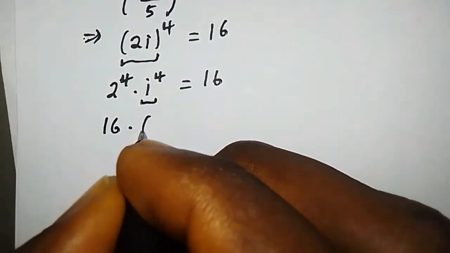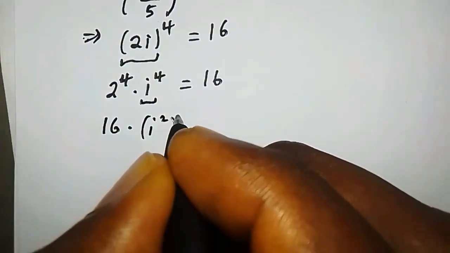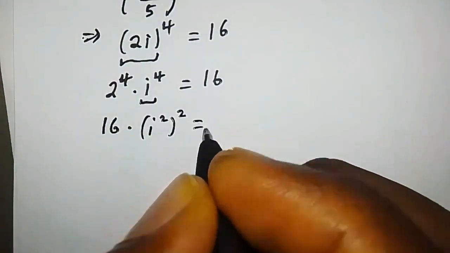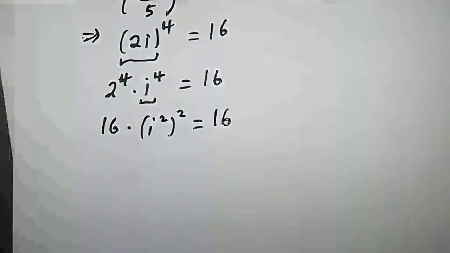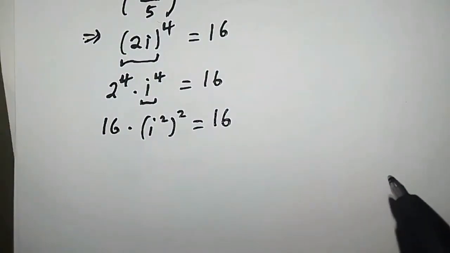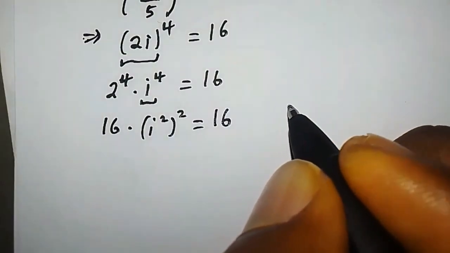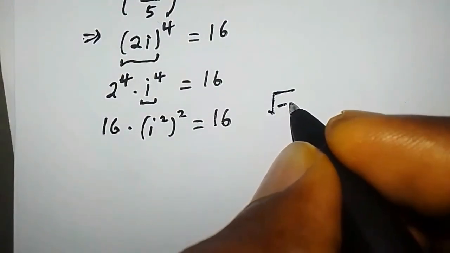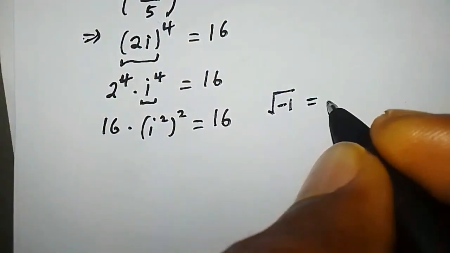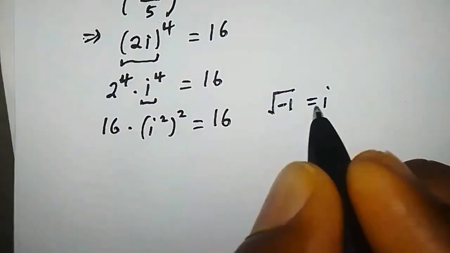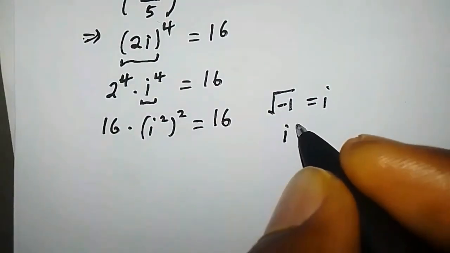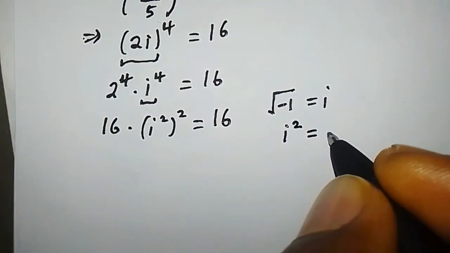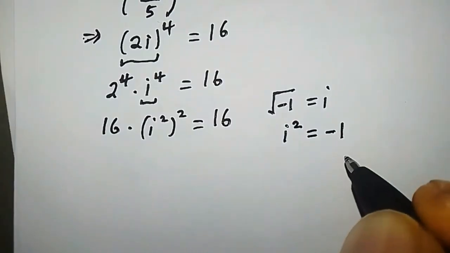It could be written as (i squared) squared equal to 16. Now, recall that from the complex number, we know that square root of negative 1 is equal to i. And if we square both sides, i squared is equal to minus 1.